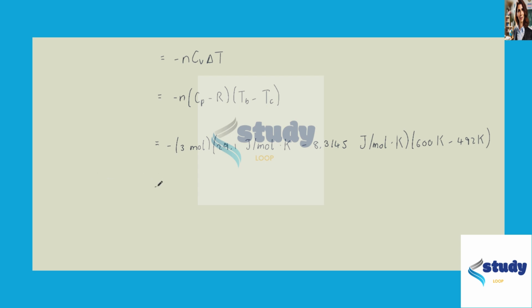And so calculating, we get the work WCB to be minus 6.735 times 10 to the 3 joules.